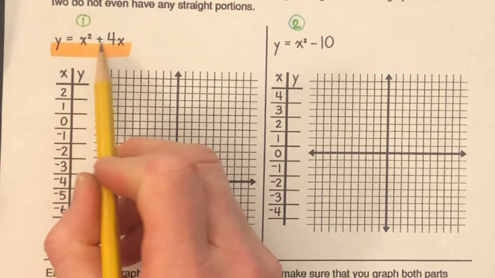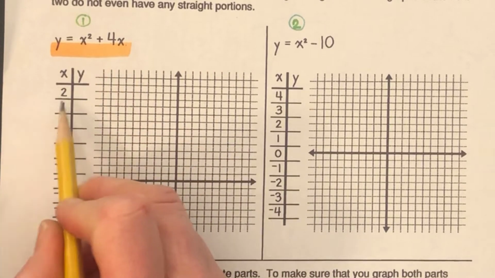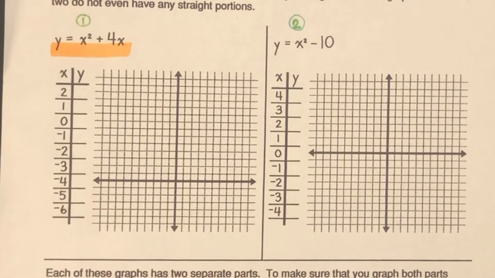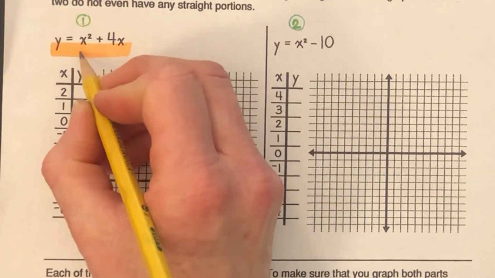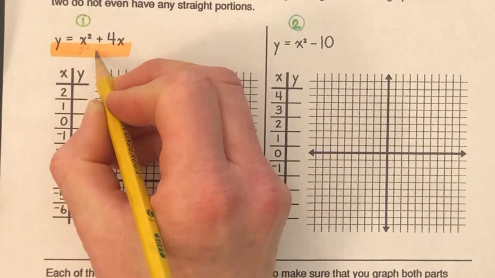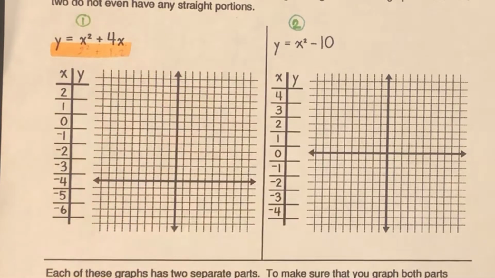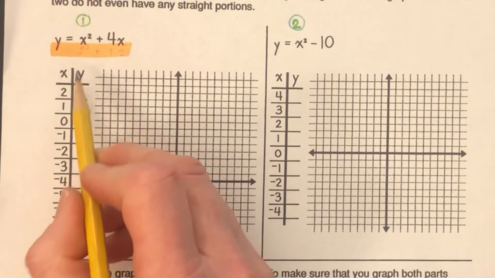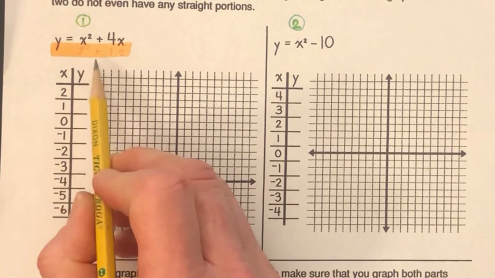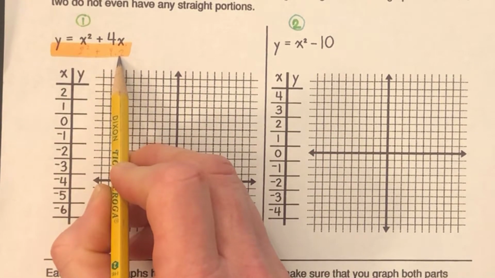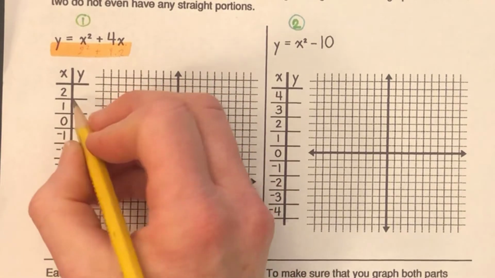X squared plus 4x. They gave us values for x already. If x is 2, then it would be 2 squared plus 4 times 2. I'm substituting 2 for x. So that would be 4 plus 8, which makes it 12.